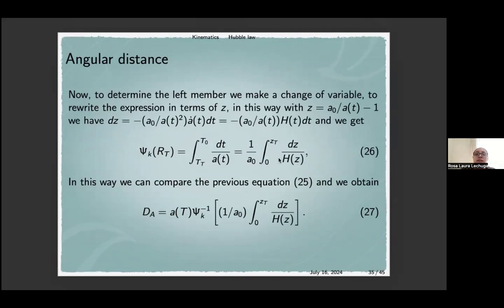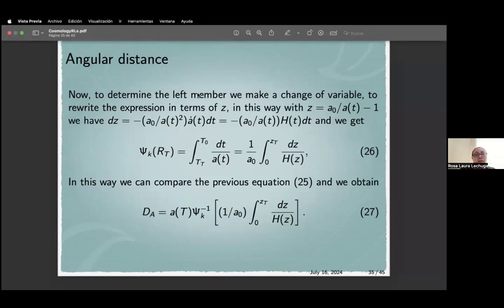As you can notice, this quantity has the form of the inverse of this H, okay? In that sense, I say that this depends on the Hubble radius. And then we can define this distance, the angular distance, in terms of this quantity, okay?